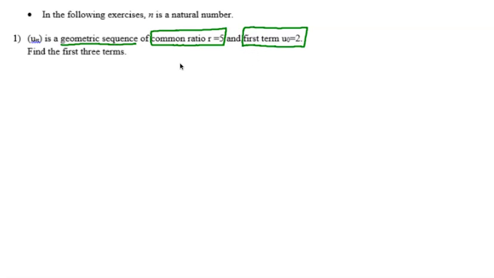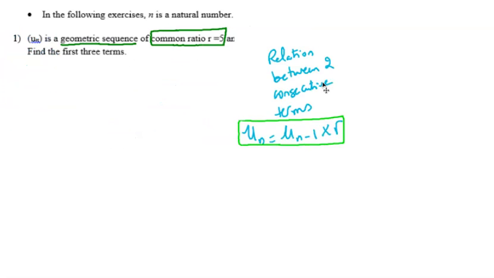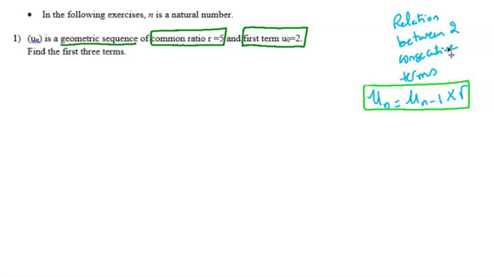So, in order to find the second term or the third term of the sequence, we need to know the relation between any two consecutive terms in a geometric sequence. The relation is: un equals the previous term, un minus 1, times the common ratio, which is r.